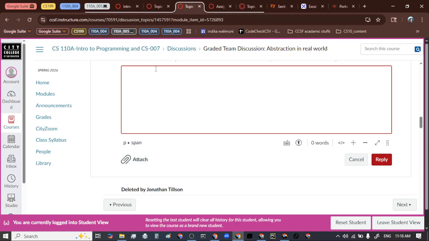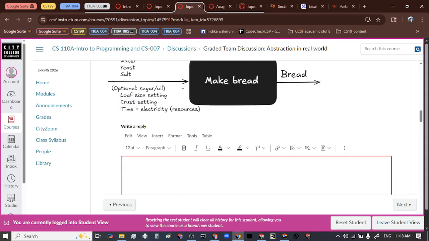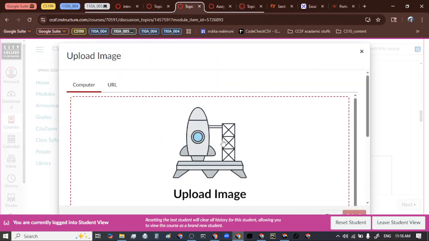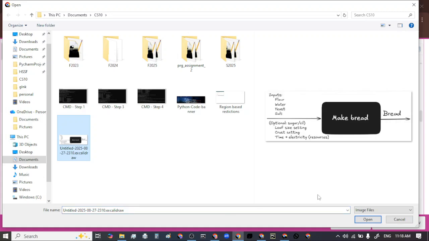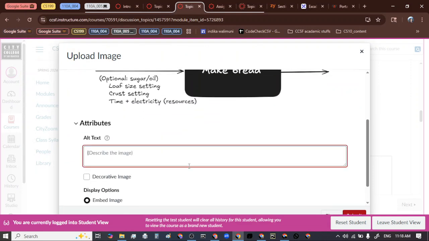If you have an image in this class and you need to submit the image, you always insert it. Go over here, click on the image, upload image, and then select the image and insert. Do not attach, please. Then I would give a name to this so that it's accessible.